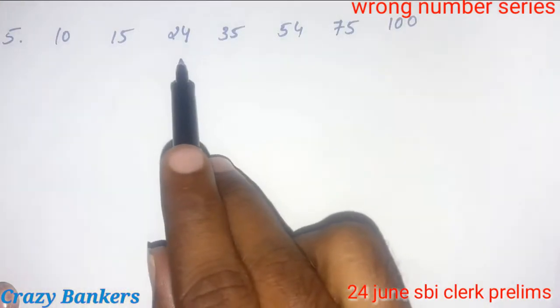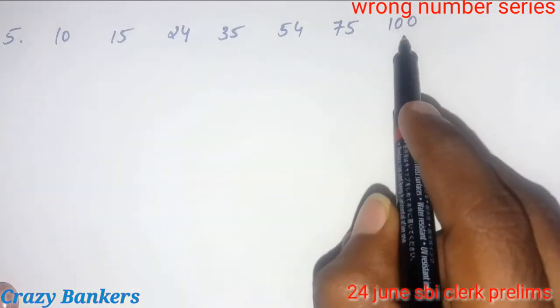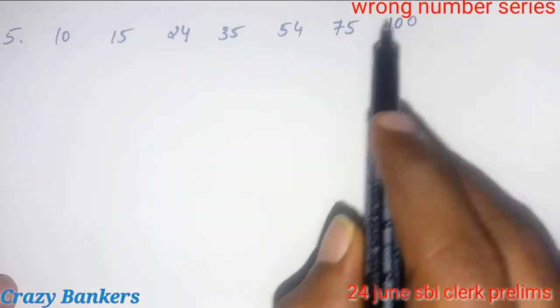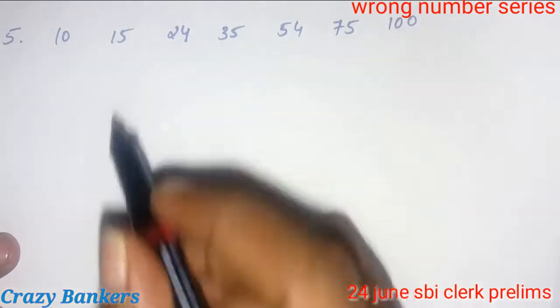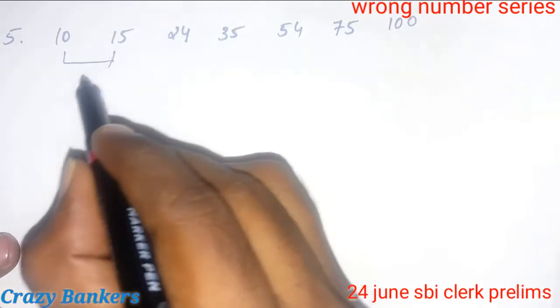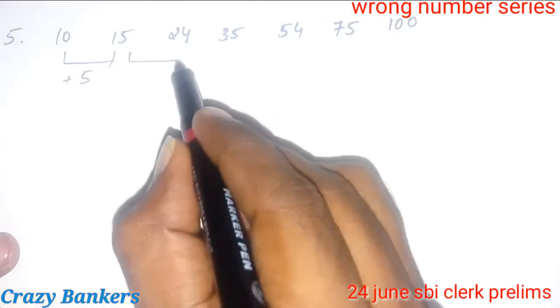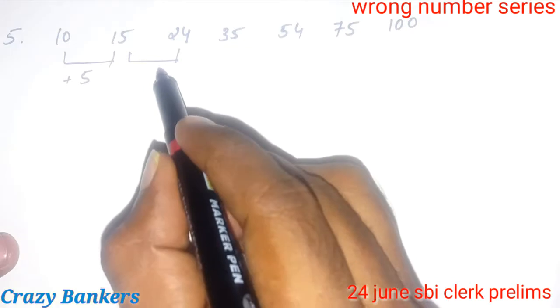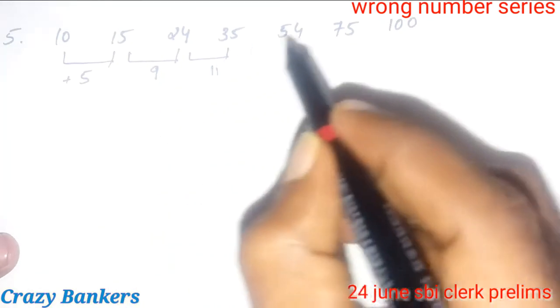Fifth question: 10, 15, 24, 35, 54, 75, 100. The gap between these numbers is very small, so let's take the difference. This is 5, then 9, now 11.